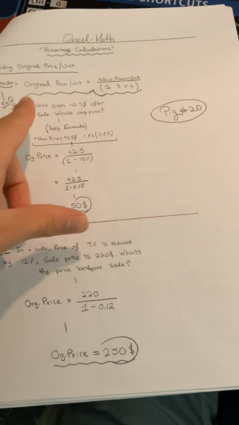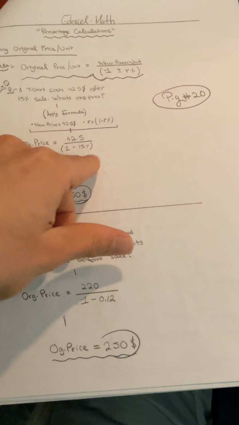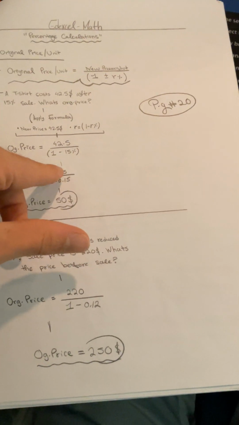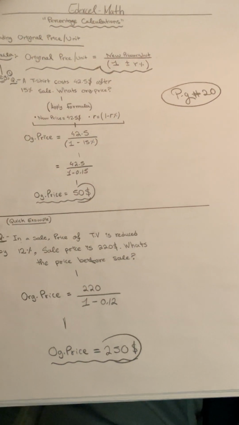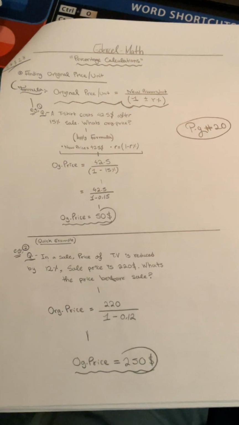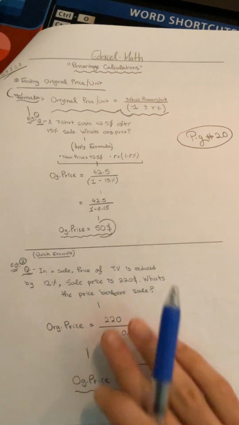The original is the new divided by 1 minus 15% because it is a sale depreciation. Convert to decimal, subtract from 1, and divide 42.5 by it. The answer is $50, which is your original price. Okay? For quick example 2 below, you can pause the video and try solving it by yourself.